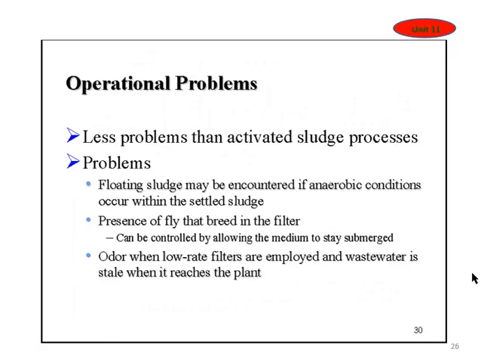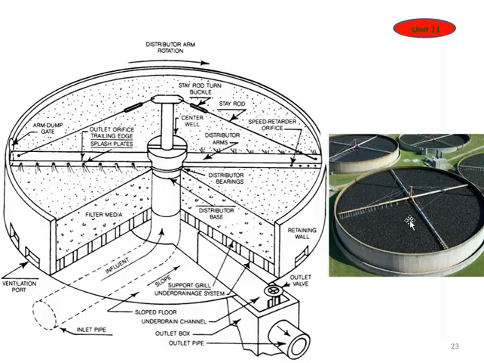When you do the treatment in the trickling filter, there are some problems. Sometimes floating sludge may form on the surface and choke it. For example, in this tank, if the sludge, meaning any solids, accumulates, then it will choke the filter.